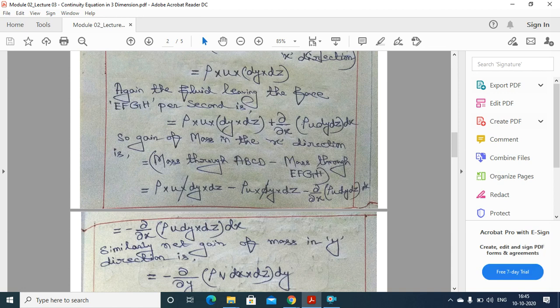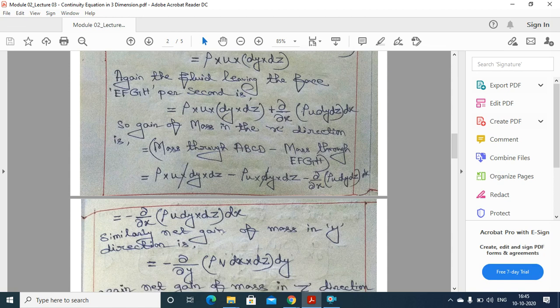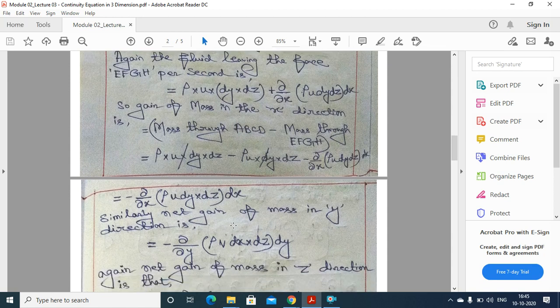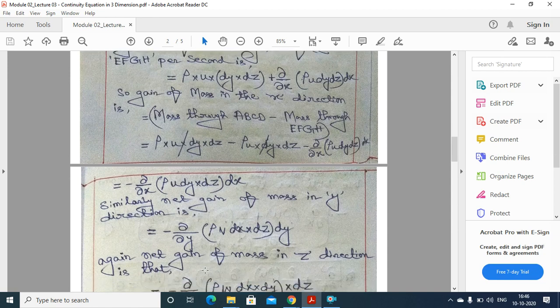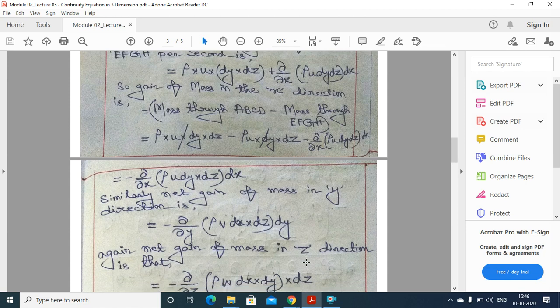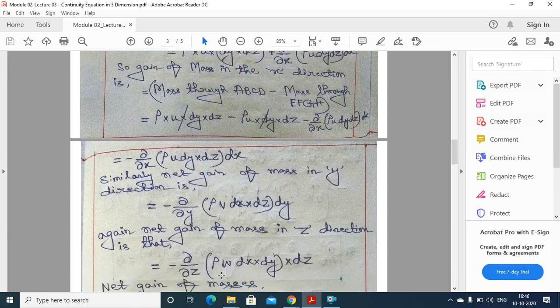That is the amount of mass of liquid which is gained in x direction. Similarly, the net gain of mass in y direction will be minus del y into rho into v into dx into dz into dy. Again, similarly, the net gain of mass in z direction will be minus del z into rho into w into dx into dy into dz.